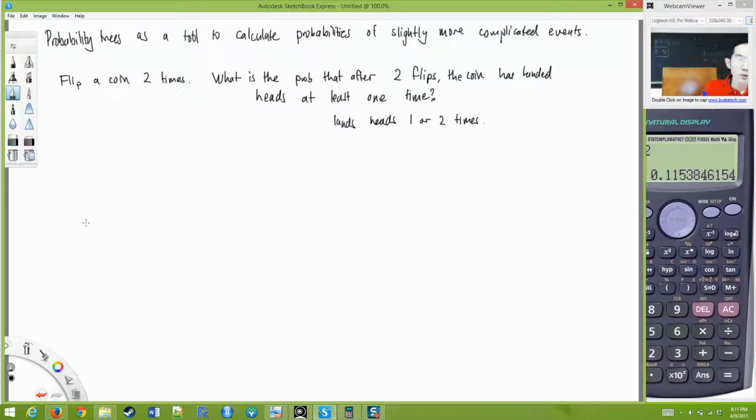Okay, so I'm going to build a probability tree. I'm going to say this node represents my first coin flip, and there are 2 possible outcomes. Either the coin has landed heads, or the coin landed tails.